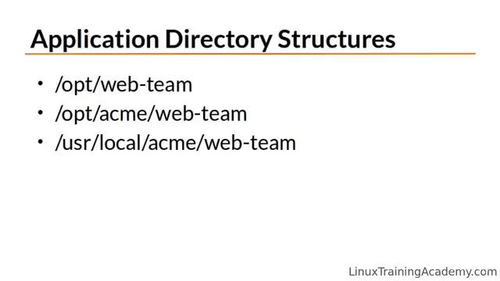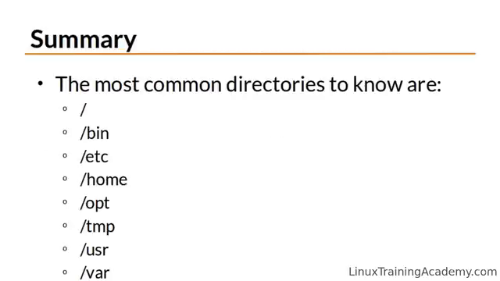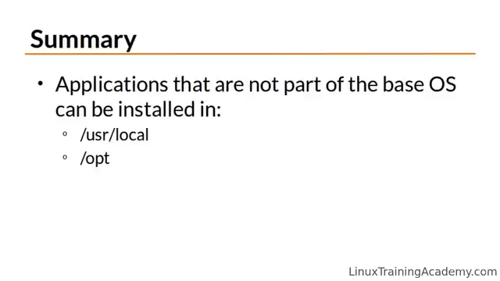And when these applications are installed, they're typically installed in /usr/local. The most common top-level directories that you'll interact with on a Linux system are /, also called root, /bin, /etc, /home, /opt, /tmp, /usr, and /var. And applications that are not shipped with the operating system are typically installed in /usr/local and /opt.